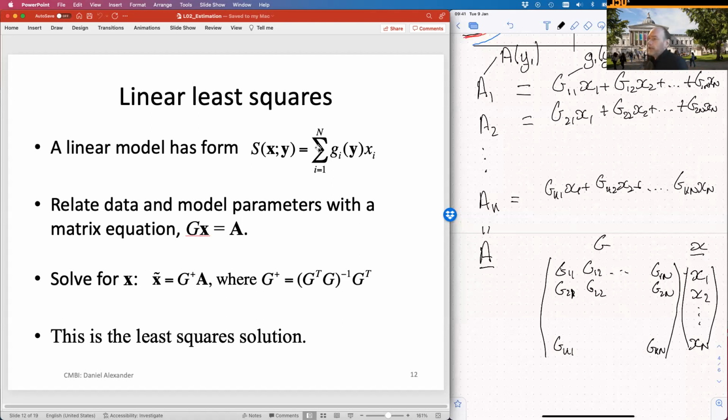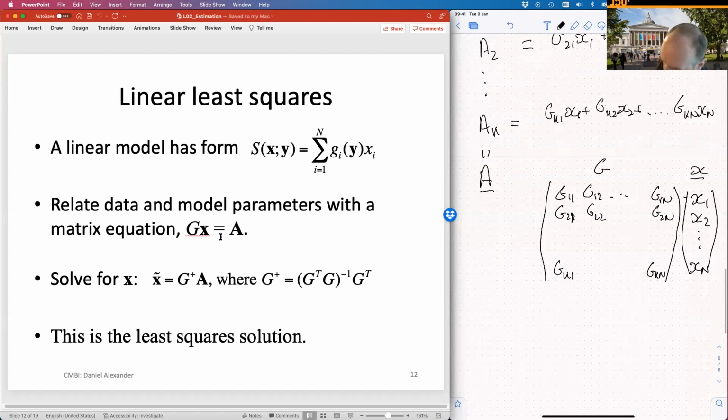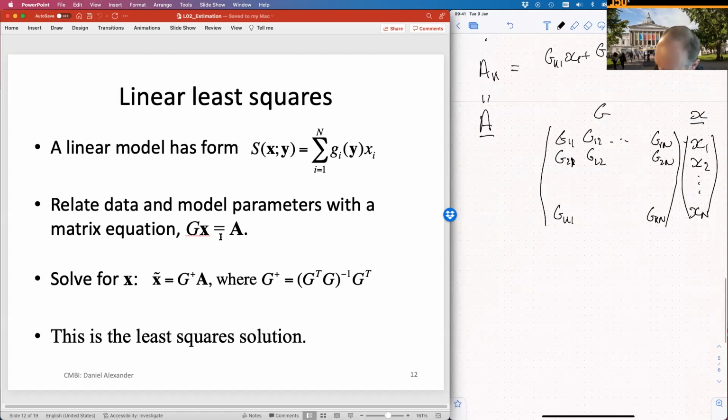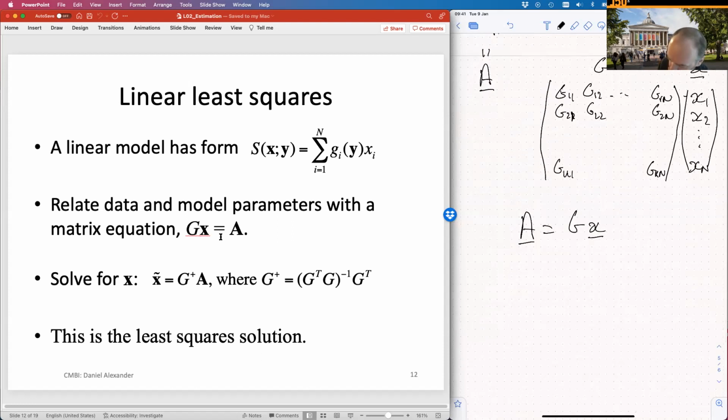Okay, so that's where that linear system of equations comes from. So, a nice simple matrix equation: A equals Gx. All we've got to do now is solve this for x to get the list of parameter estimates that we're interested in. So can I simply pre-multiply both sides of this equation by the inverse of G to get that solution?